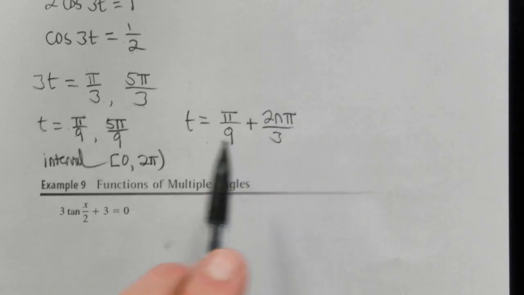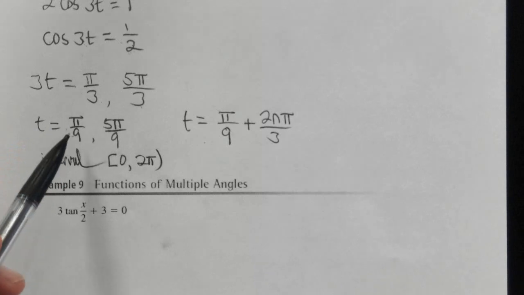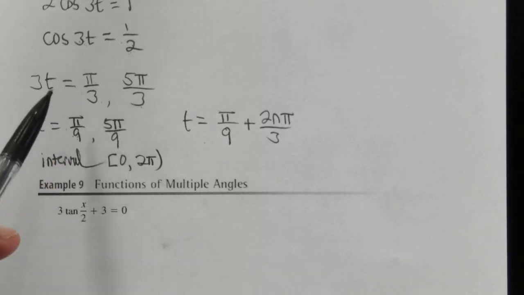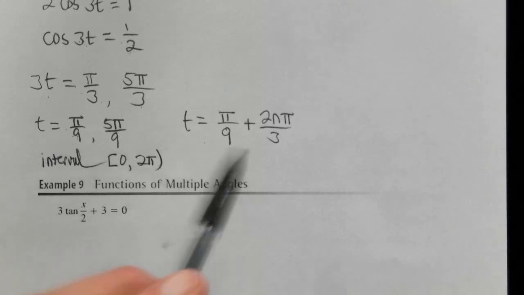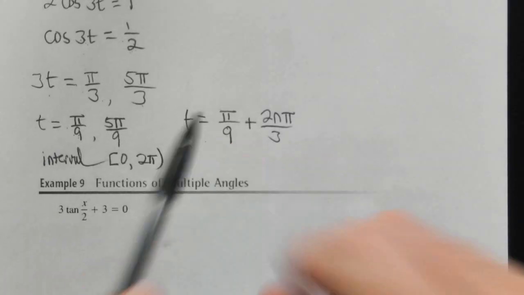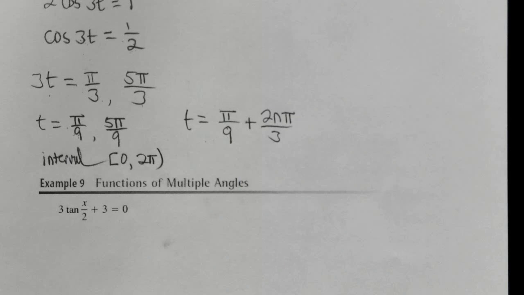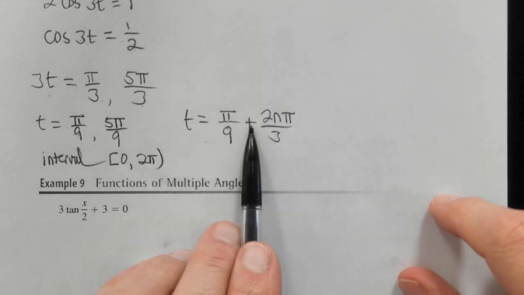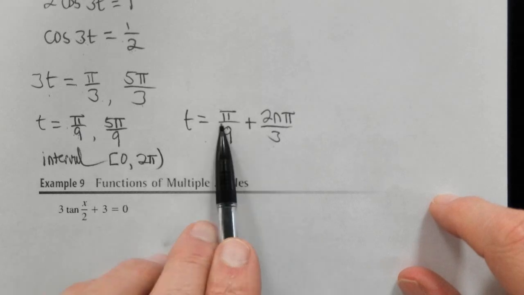Because remember, before you plug into the function, you're going to take whatever's here and multiply it times 3. And so what that means is, in order to keep the periodic cycle going correctly, we also have to adjust the multiples of the period by 3. You see what I'm saying?